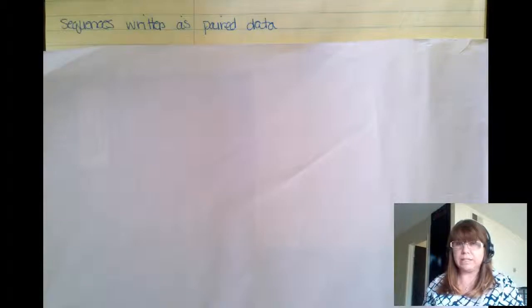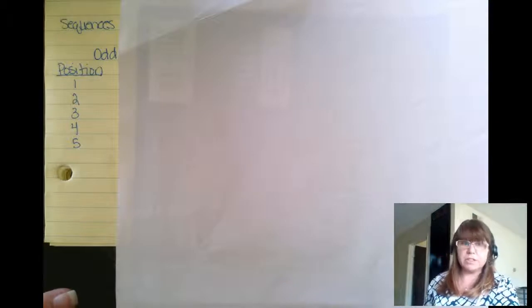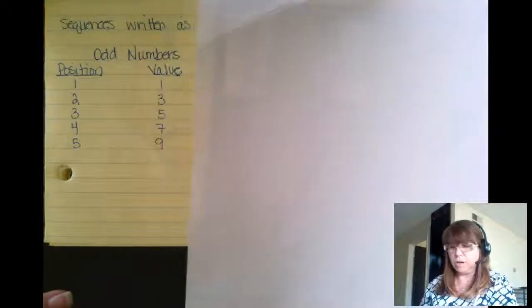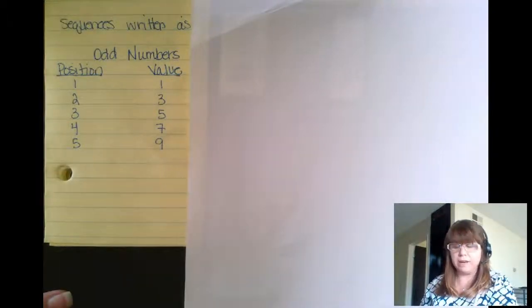How do I write it as an ordered pair? Well, let's say each number is going to be in a position. The first number will be the first position, the second number will be the second position, the third number will be the third position. So now I can write them as a set of ordered pairs.